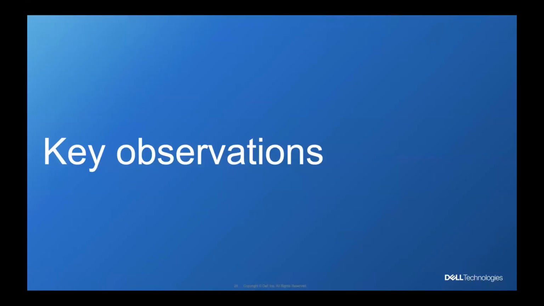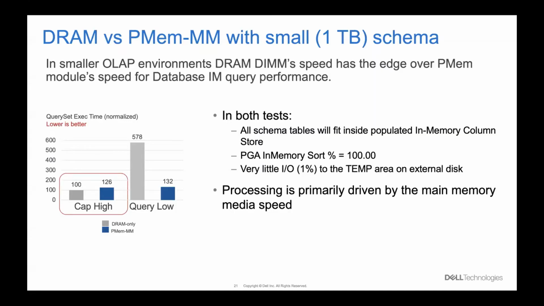So let's take a look at the key observations. The first question: what is faster, DRAM or PMem? The simple answer, of course, is that DRAM is faster, unless we have a small schema. In our observations, we found that with the small schema, which was 1 terabyte, the DRAM only environment was significantly faster, more than 30%.